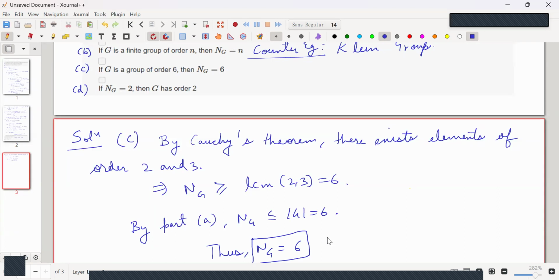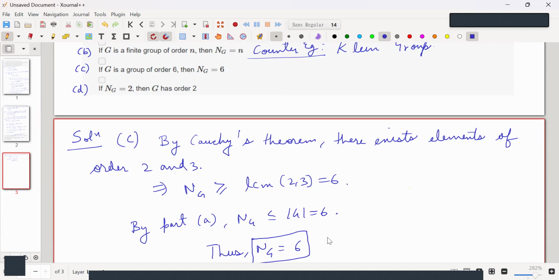There will be more than one non-abelian group of order 8, so that is the first order for which you get more than one non-abelian group. For 9, the only groups are abelian, because there is a statement which says every group of order p square is abelian. So 9 is of the form p square, so it is abelian. And order 10 is of the form 2 into 5, right?